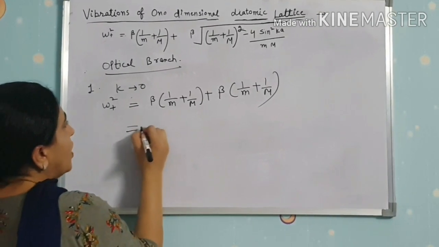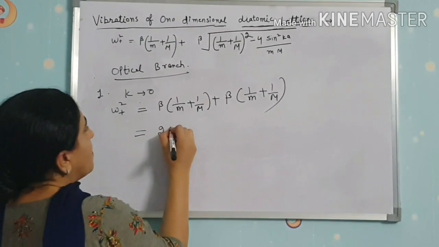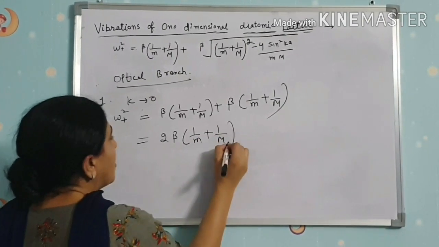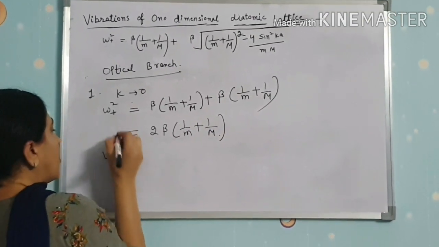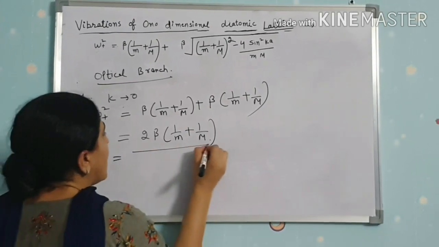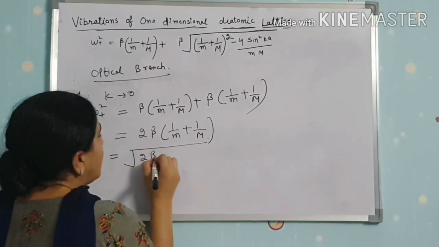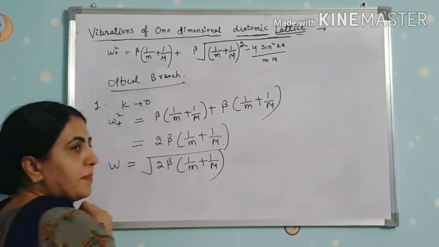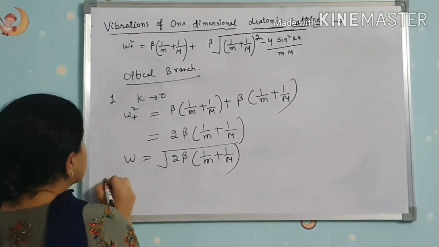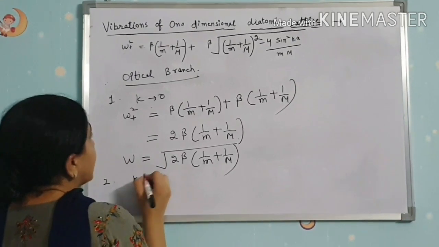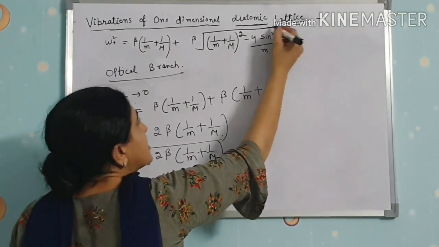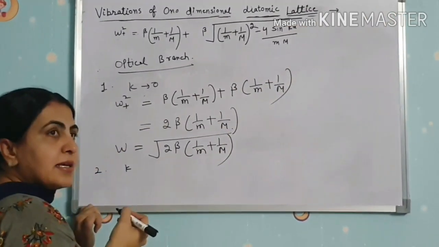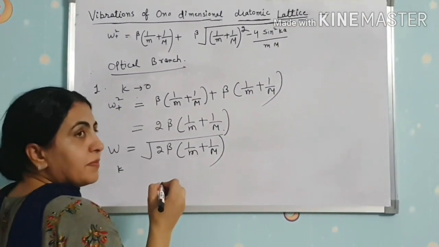So what do you get? 2 beta times (1 over m plus 1 over capital M), or omega is equal to the square root of 2 beta times (1 over m plus 1 over capital M). Clear?